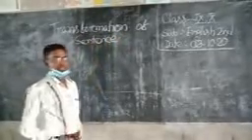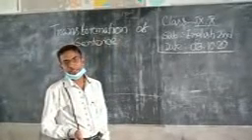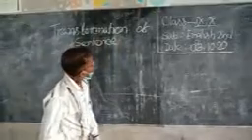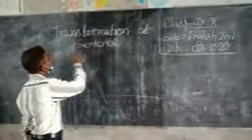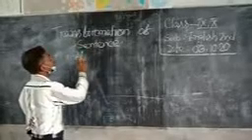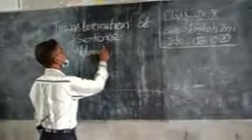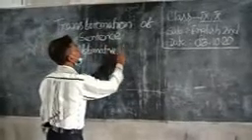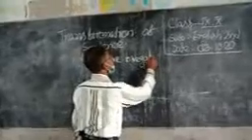In this section of grammar, there are different items. Among them, number one, affirmative, two, negative, and vice versa.